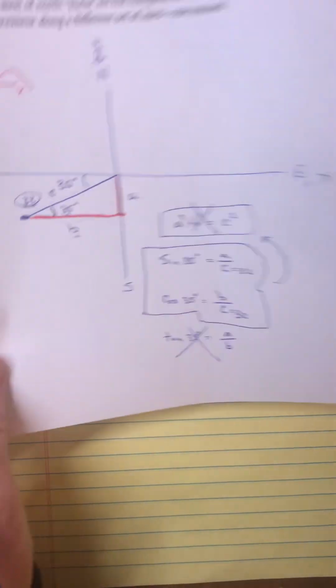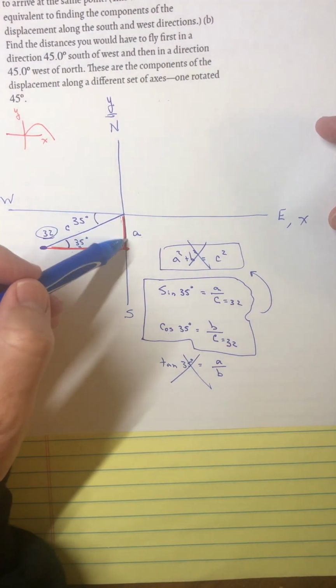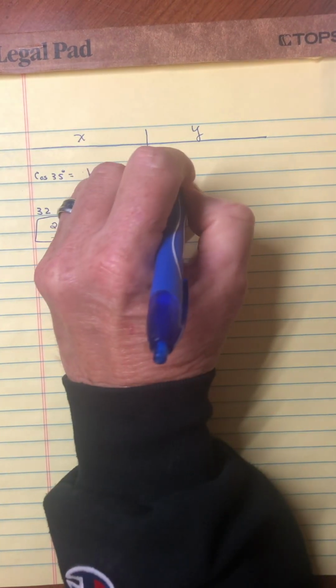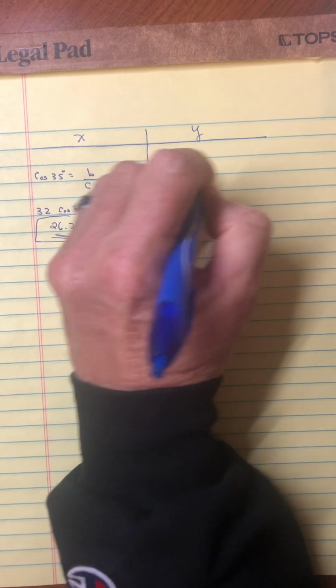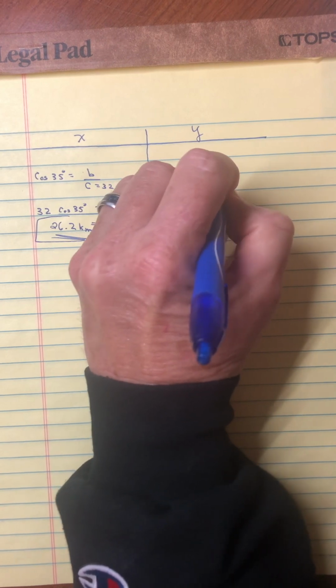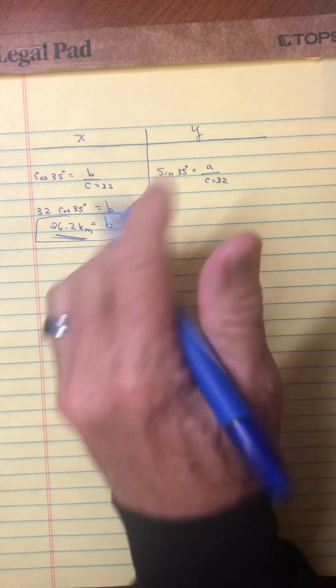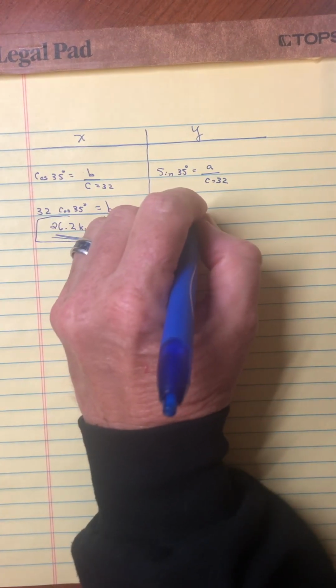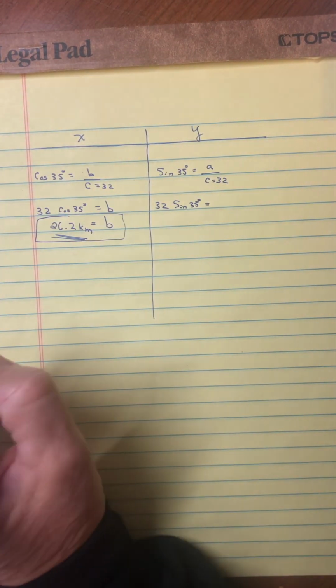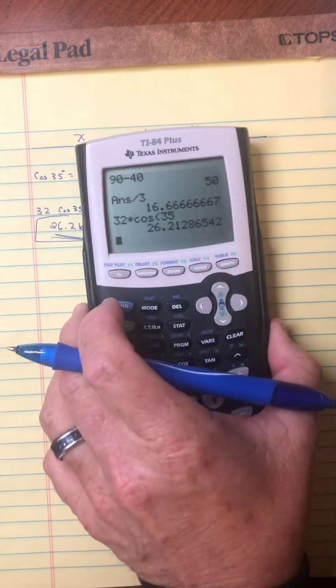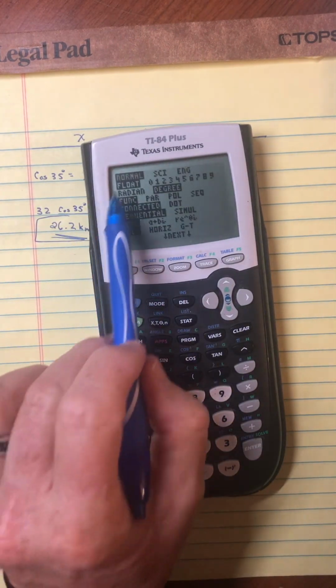And then, of course, the y direction, this is what I call the A. I can get here from the sine. So let me do that one. Sine of 35 would equal A over C. And again, the C, the hypotenuse, is 32. So rearranging this, I would say 32 multiplied by the sine of 35 degrees. Oh, you know what? I just better check my mode. Am I in degrees?